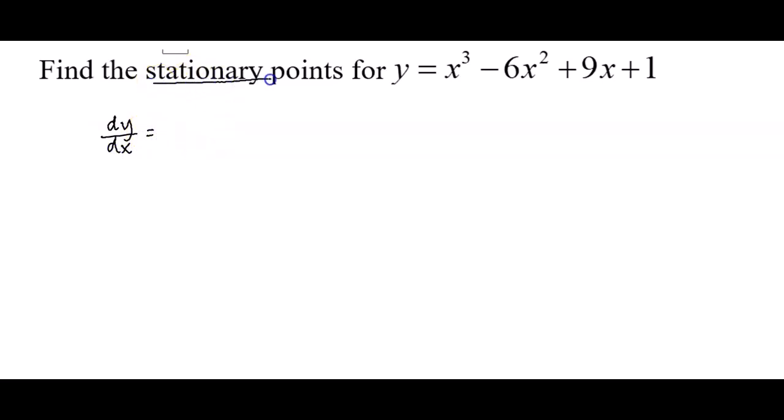At the stationary point, the gradient equals 0. So firstly, we find dy/dx. We get 3x squared minus 12x plus 9, and let dy/dx equal 0 in order to find the stationary point.